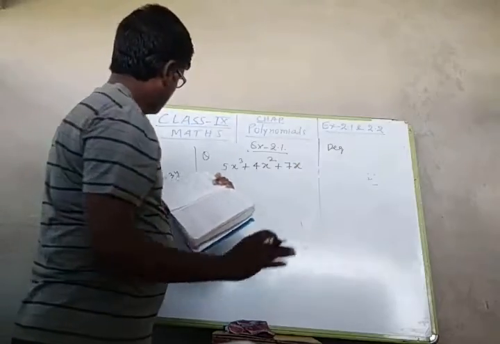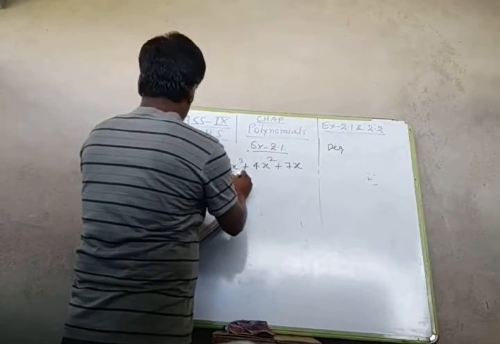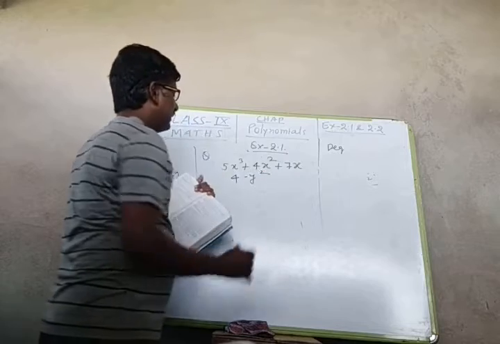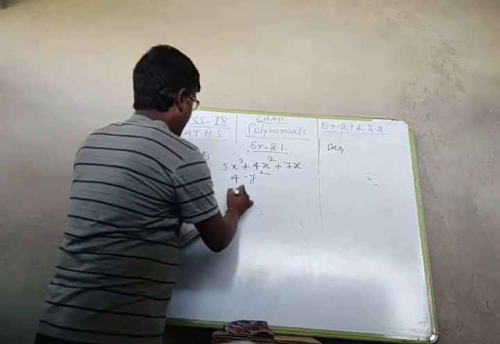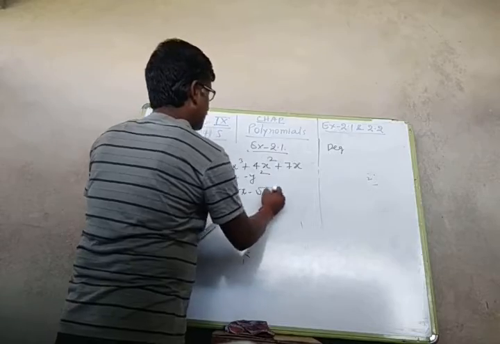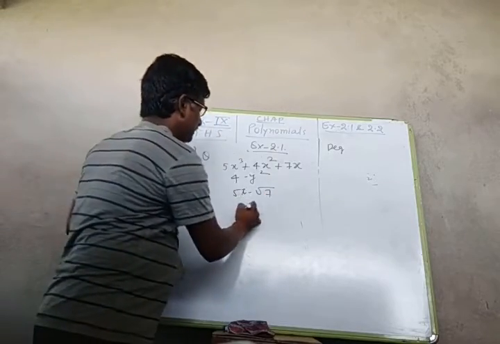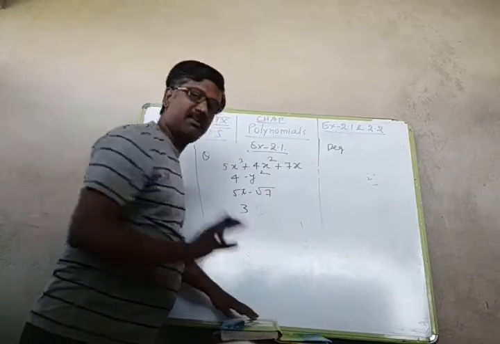Okay. Next is 4 minus y square, 5t minus under root 7, and this is 3.